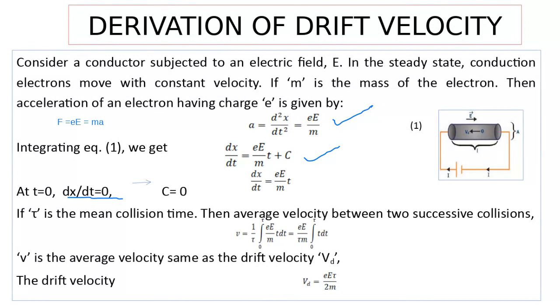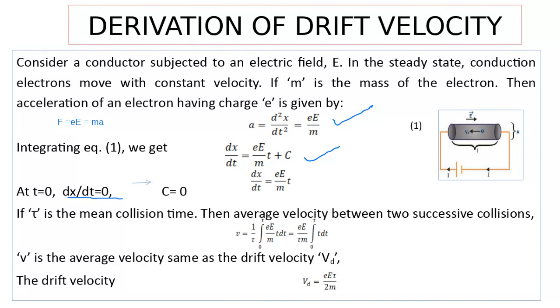Firstly, when we have not applied an electric field, there is only the collision process that makes velocity zero. But when we apply an electric field, there is acceleration, and collision is also there, but we have applied acceleration.